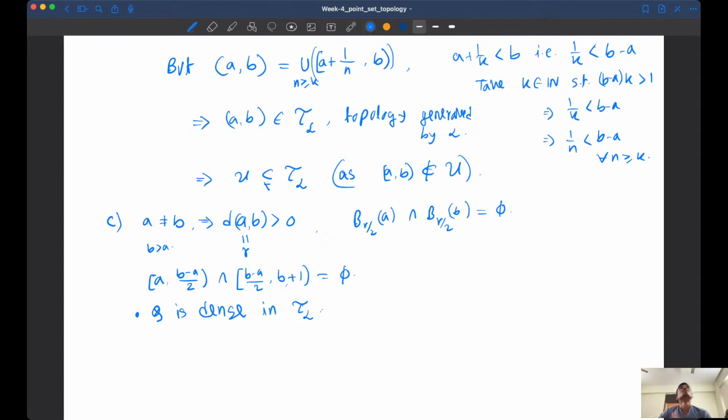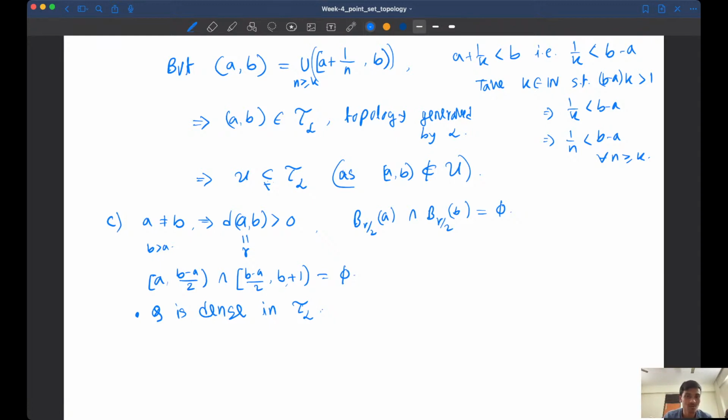So maybe just involve the complement of Q as an open set. Involve a topology where Q complement is also an open set.